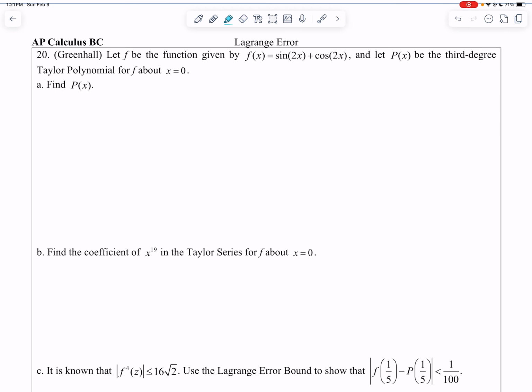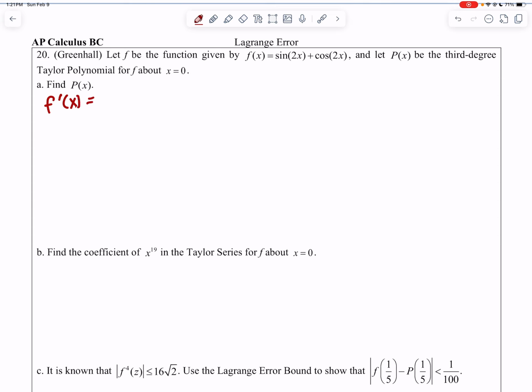So for 20, we have f being this lovely function right here, and we want to find the third degree Taylor polynomial for f about x is equal to 0. So unfortunately, I can't build this. Because I can't build this, we are going to use the definition of Taylor polynomials and take derivatives. I know. Quite sad.